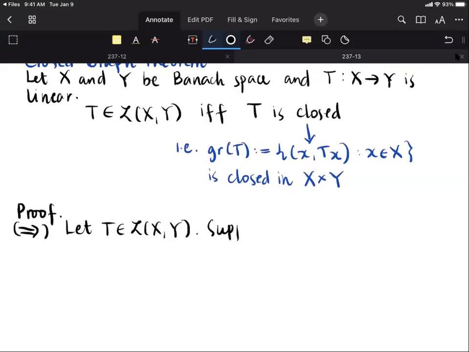Suppose that I have a sequence in the graph, so in other words, of the form (xn, Txn), that tends to some ordered pair (x, y) in the product space. Here we would like to show that the limit must be in the graph.